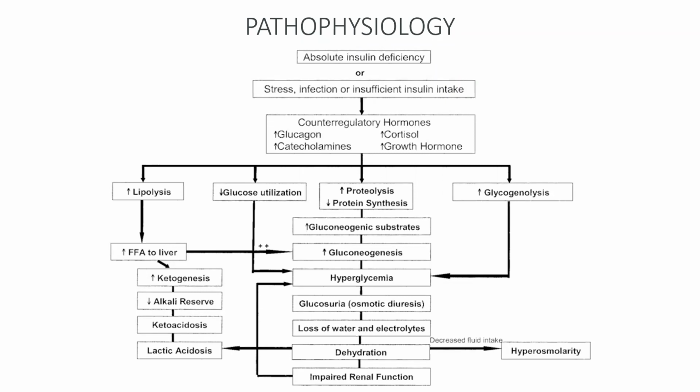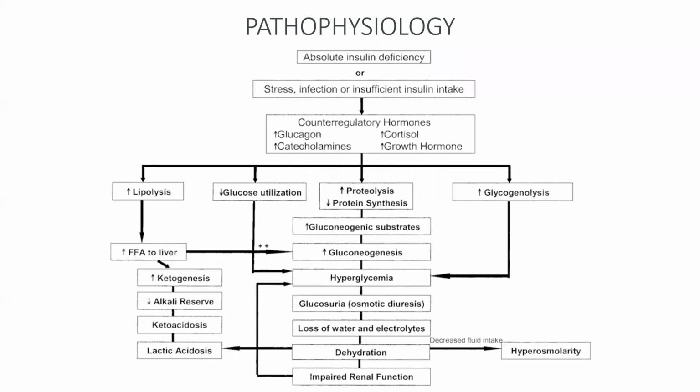With this happening, it will cause the counter-regulatory hormones in our body to increase, whereby the hormones include glucagon, catecholamines, cortisol, and growth hormone. So we need to know what the functions of insulin are first, right?